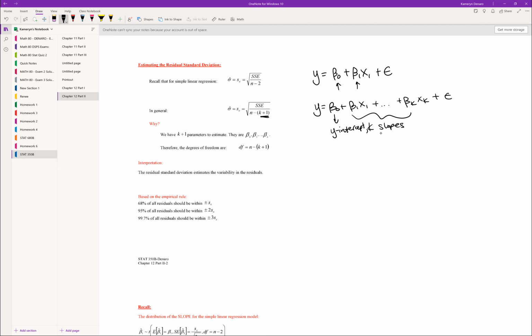So our equation becomes S epsilon, or sigma hat, the residual standard deviation, is the square root of SSE over n minus parentheses k plus 1 close parentheses. Our degrees of freedom is equal to n minus k plus 1, where n is the sample size.